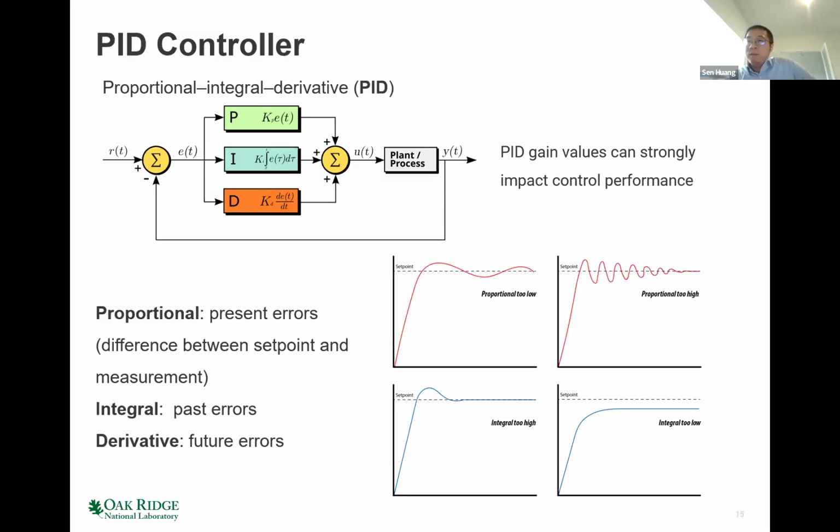But then the problem for automatic model generation will be, if you have a lot of PIDs in your model, you cannot really rely on the model itself to figure out the parameters. That causes trouble because you can make the model generation process totally automatic, but then you still need to go to the model and tune all the parameters one by one.